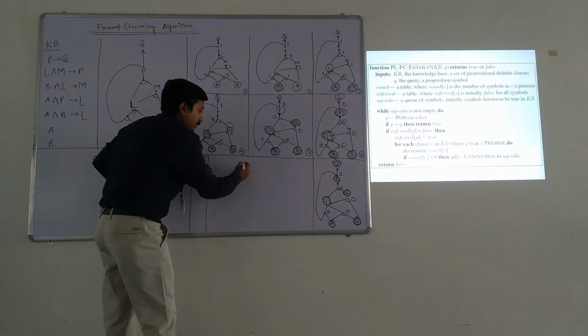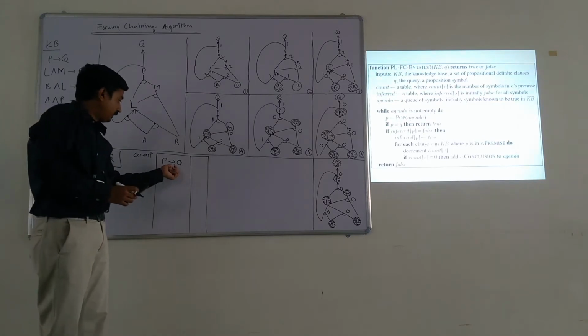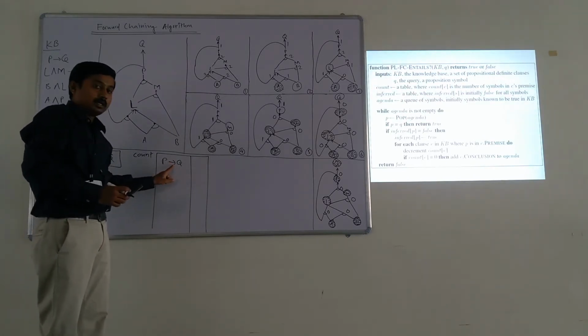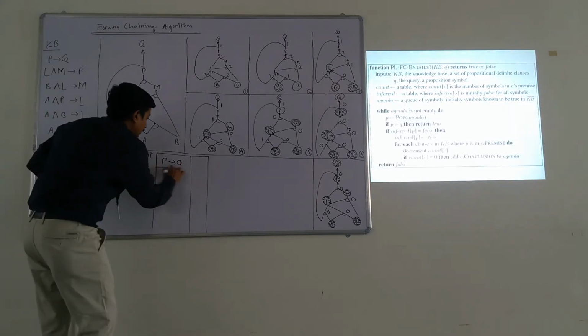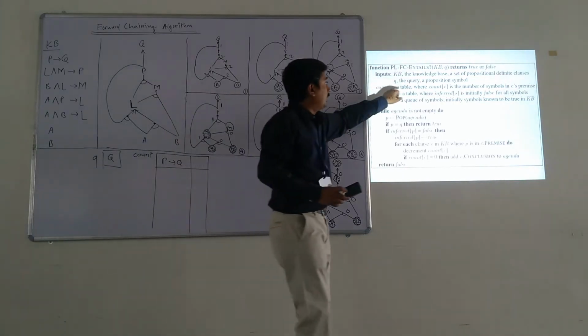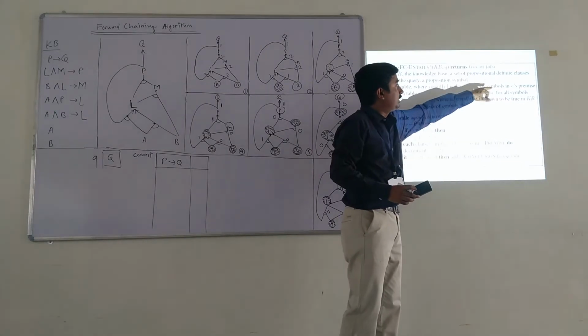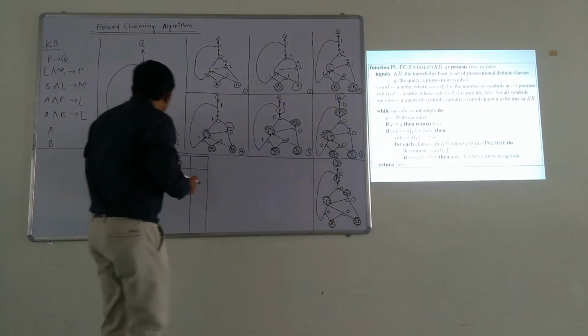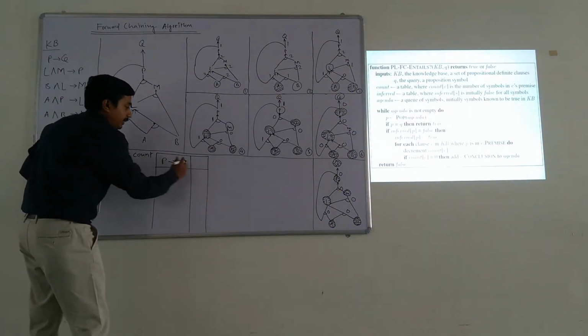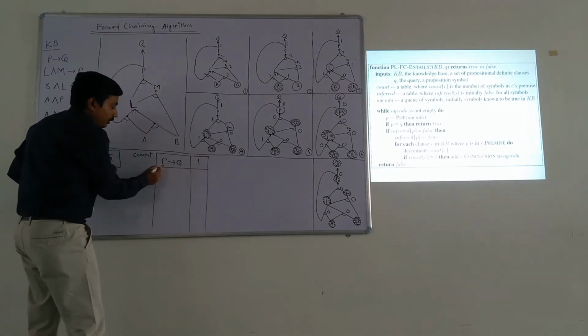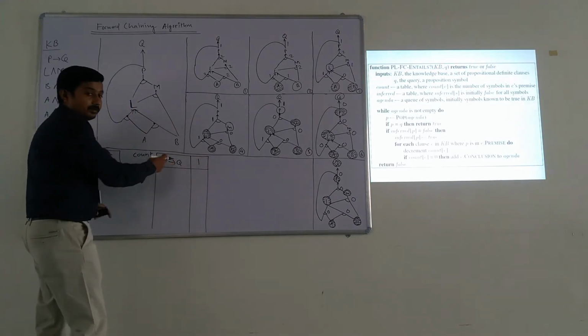In an implication, the symbols on the left side of the implication symbol are the premises and this is the conclusion. The count table is storing the number of symbols in C's premise. So the count value for this statement will be 1. There is one symbol in the premise of this implication.